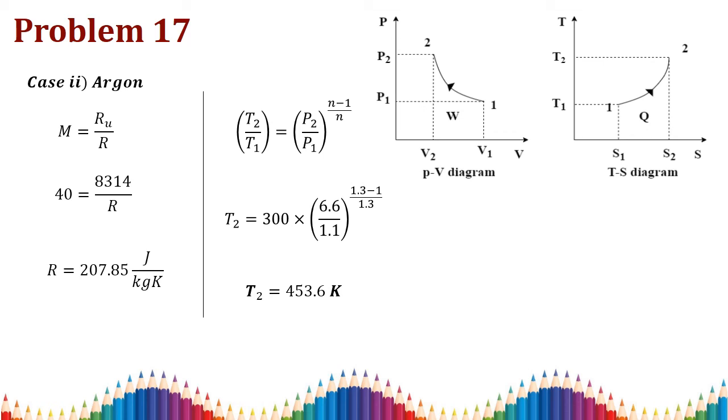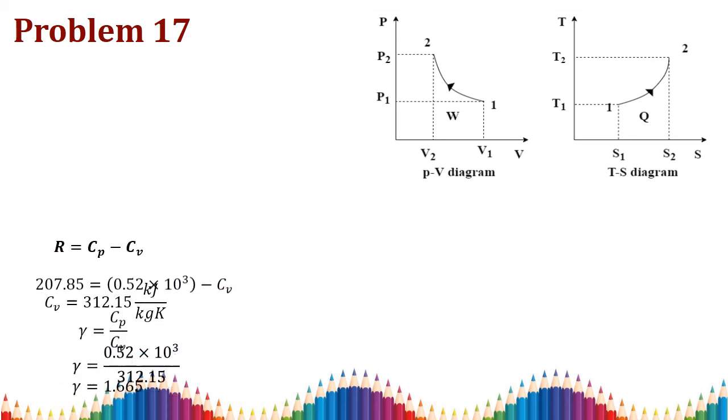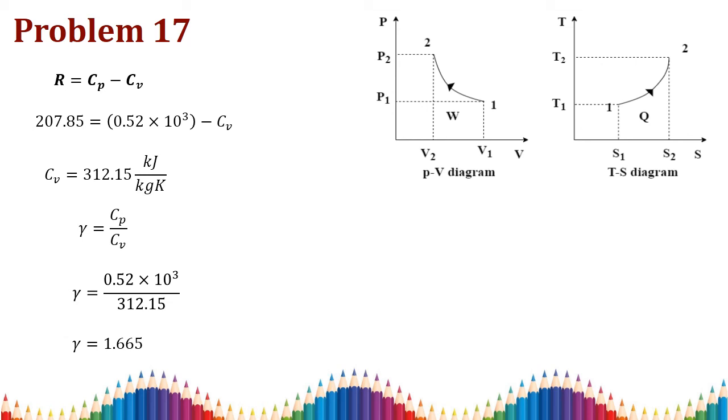So T2 is 453.6. But R is different, that is R is equal to 207.85 here. Then the Cp value is also different, so you substitute to find the Cv value. With this you find gamma is equal to Cp by Cv. Applying the values of Cp and Cv, you will get gamma equal to 1.665.